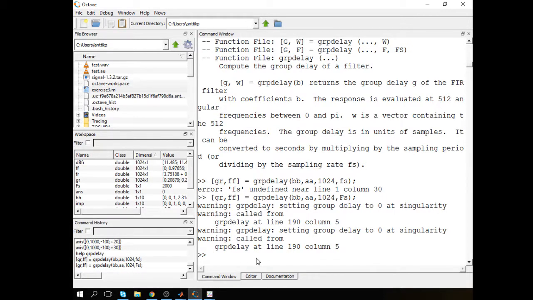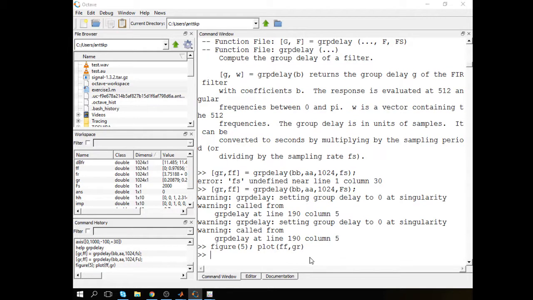Setting group delay to 0 at singularity. Okay. Good. So it has some singularity points, meaning divide by 0. So basically we can then plot on new figure 5 and plot ff, group delay.